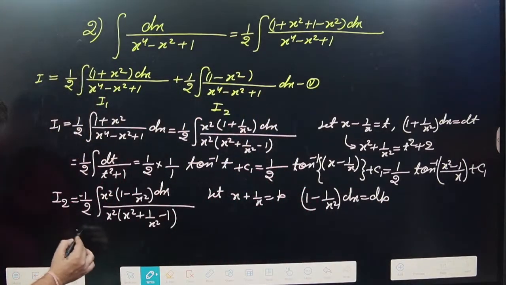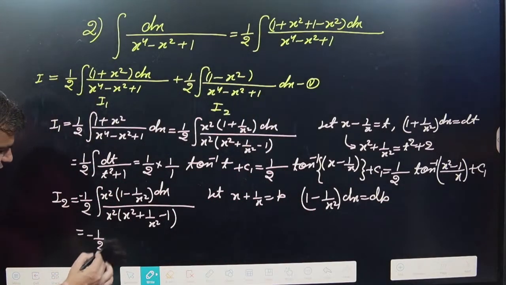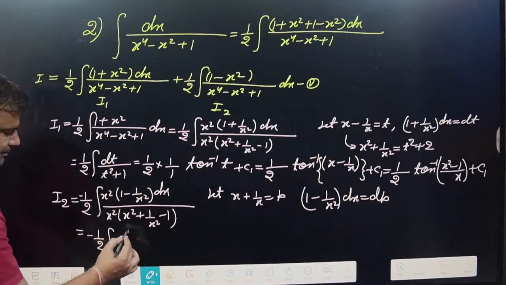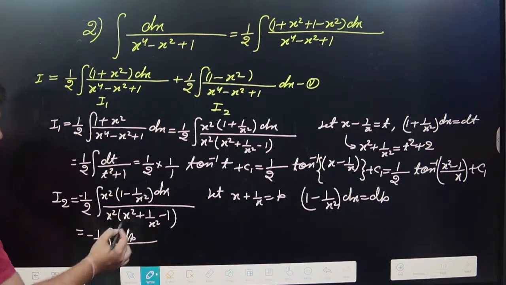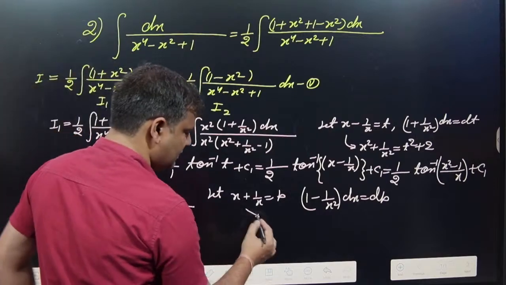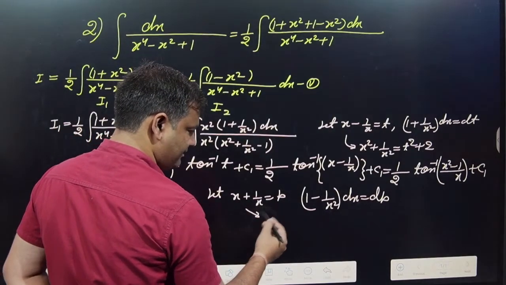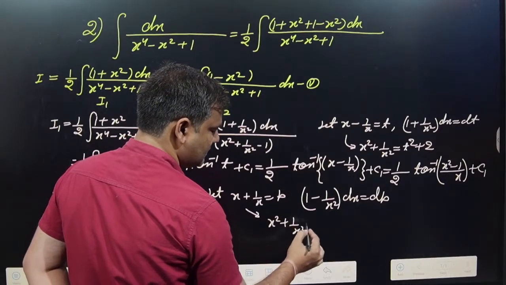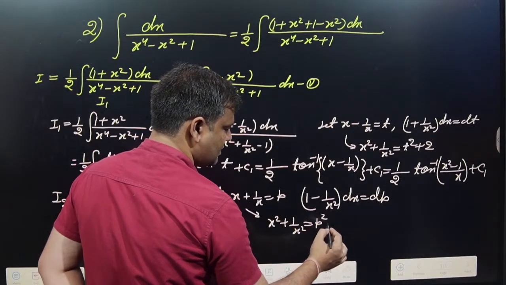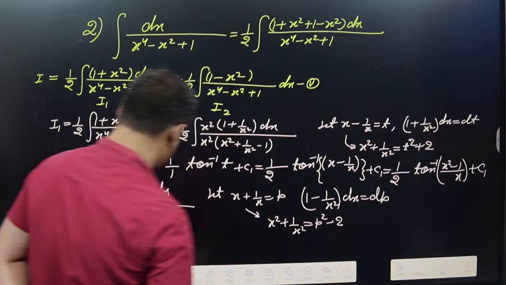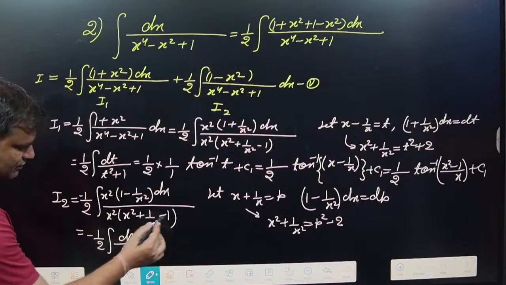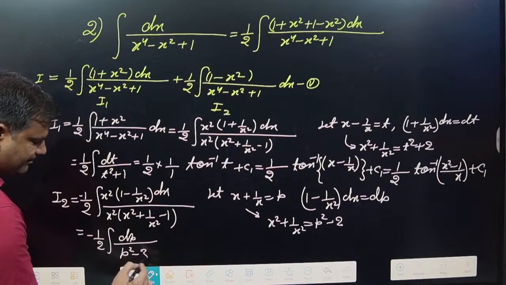Okay, after that minus half into dp, but what about that value? If we square both sides, then we get p square minus 2. So here basically p square minus 2, so minus 2 and minus 1, that is minus 3.